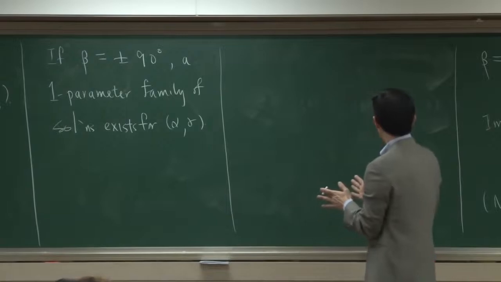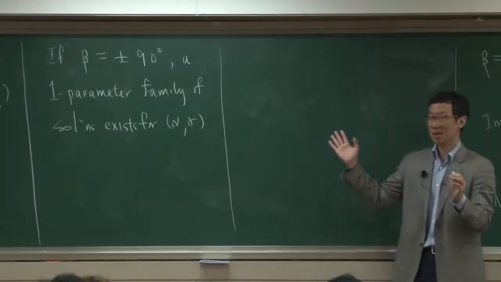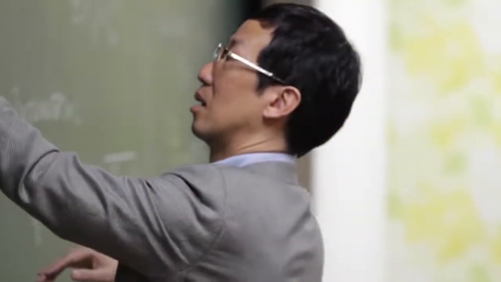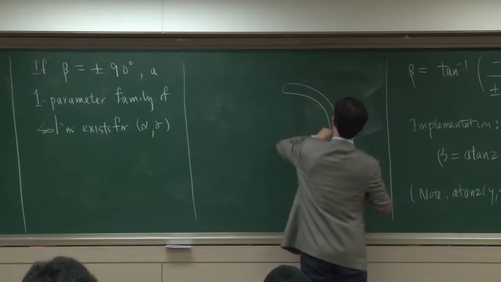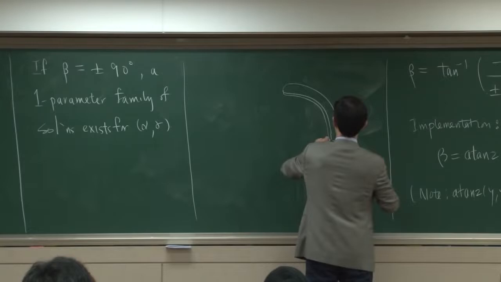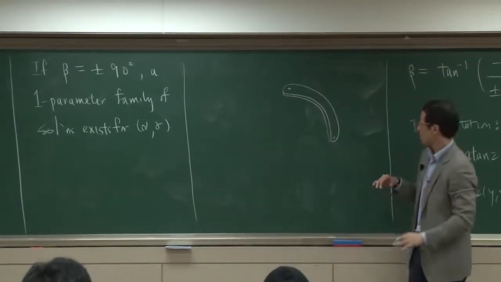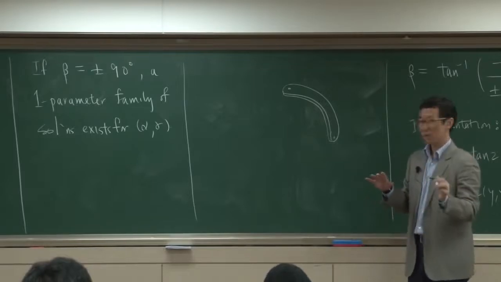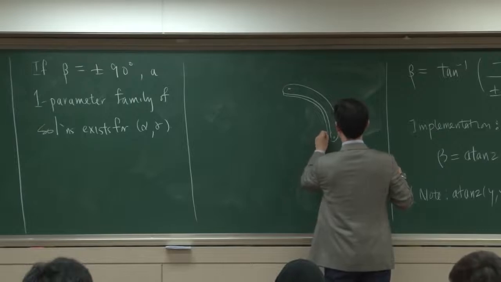All right. Now I drew that wrist for you. Let me try to draw that wrist again, this time for the case where beta equals 90 degrees. This is where I really regret not having learned how to do basic drawing.